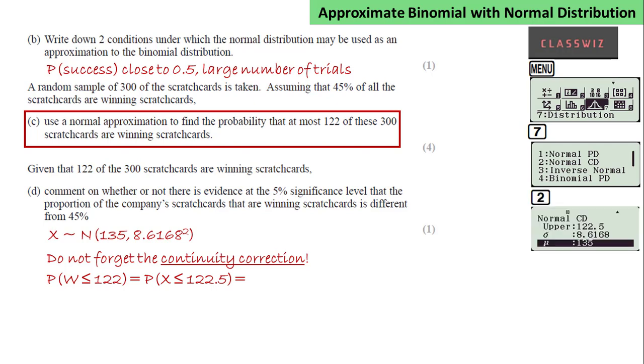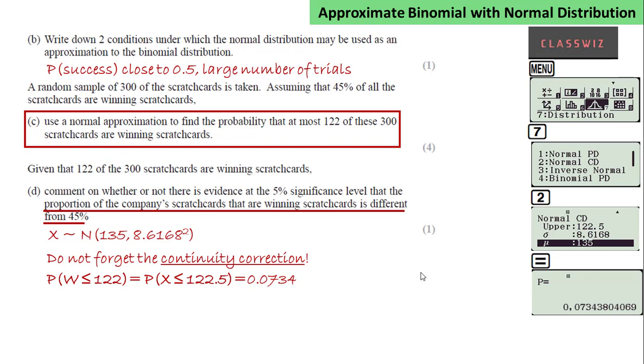We put in the lower value as 0, the upper value as 122.5, the standard deviation is 8.6168, the mean is 135, and we find the probability of this is 0.0734. So this is the probability that at most 122 of the 300 scratch cards are winning scratch cards, and this has been calculated using the normal approximation.